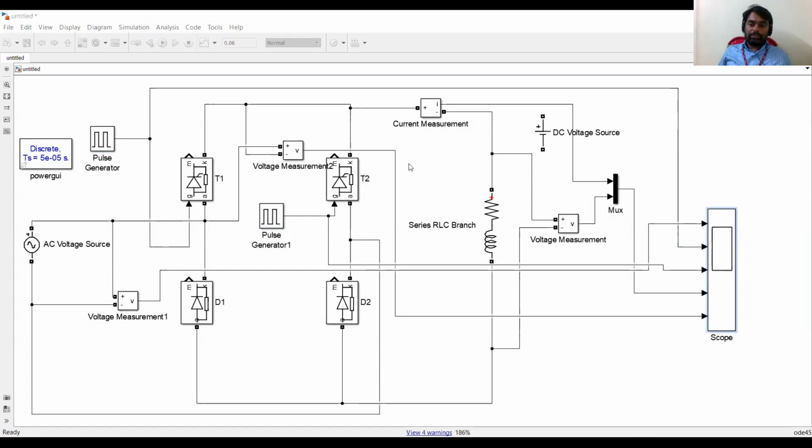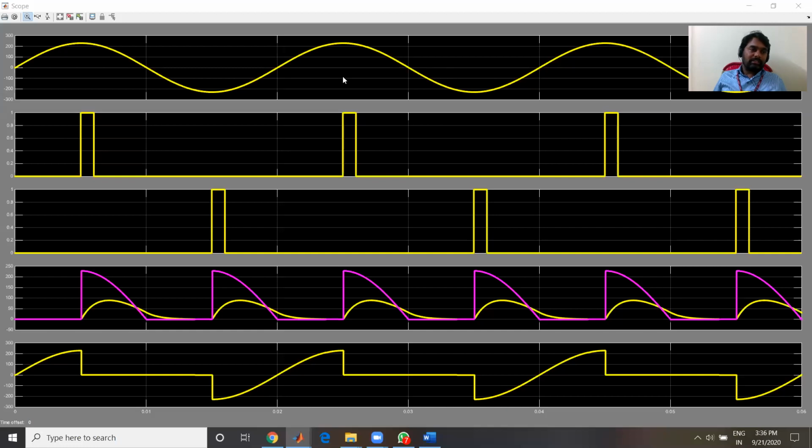Now I'm going to show the scope. Here you can see T1 is triggered at alpha equal 90 degrees. If you look at the input side, it will lie at maximum positive. So it is 90 degrees, which is our alpha, and it is given to T1. So from this point onward, the output voltage follows the input voltage.